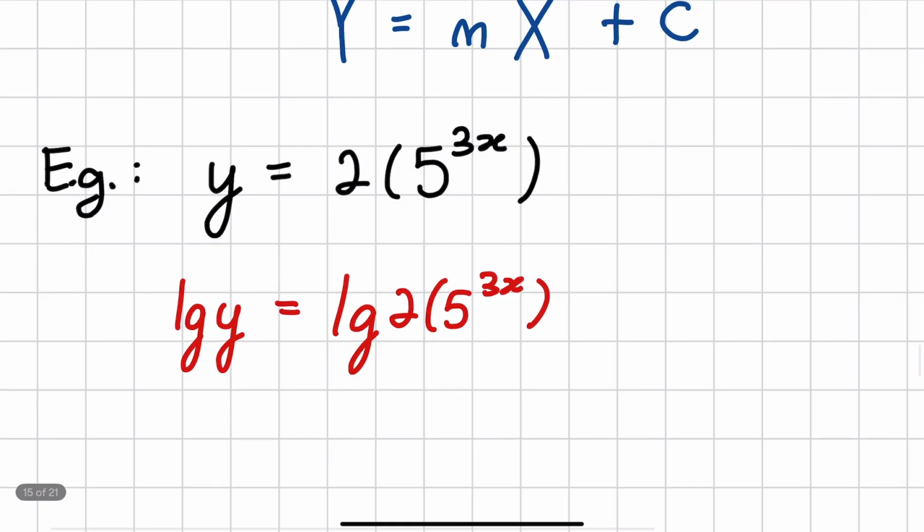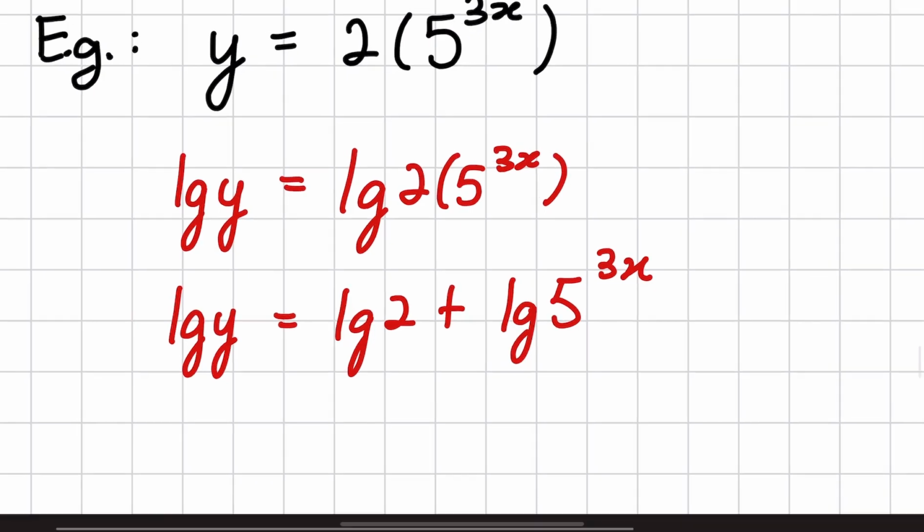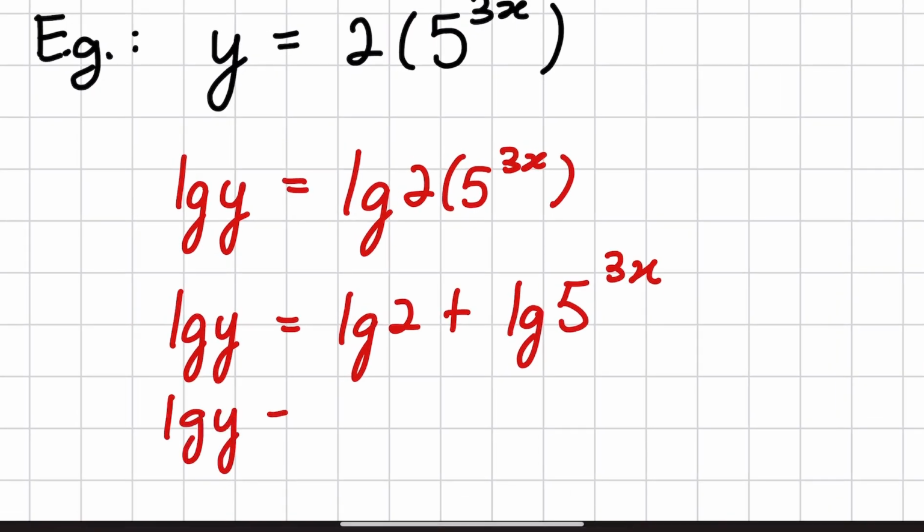Then if I apply my laws of logarithm, this will give me log y equals log 2 plus log 5 power 3x. Further simplify, log y equals log 2 plus, this power can shift down, 3x log 5.